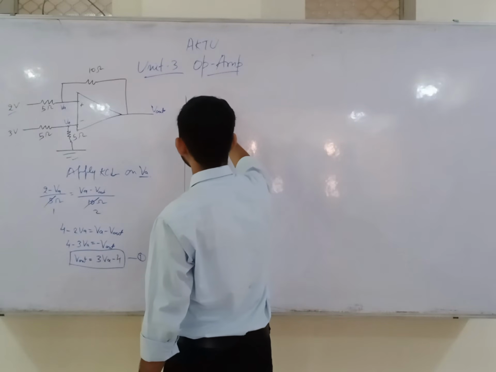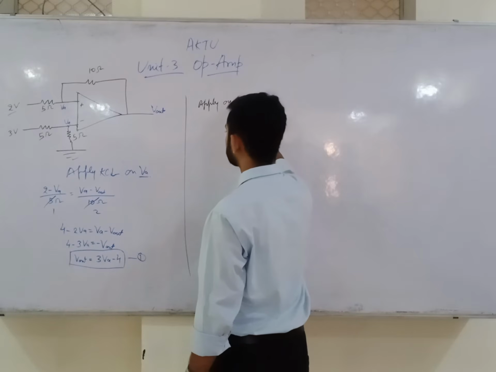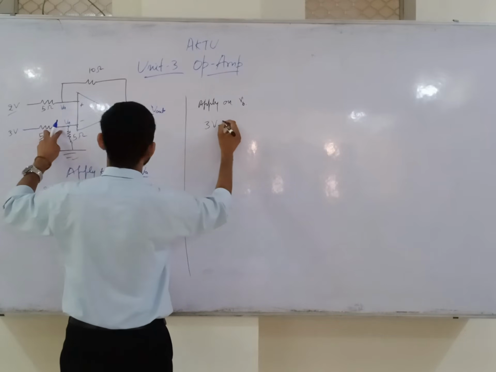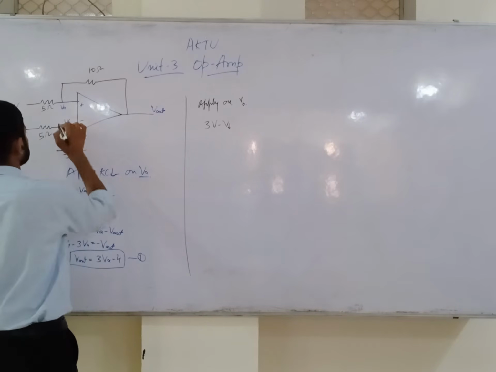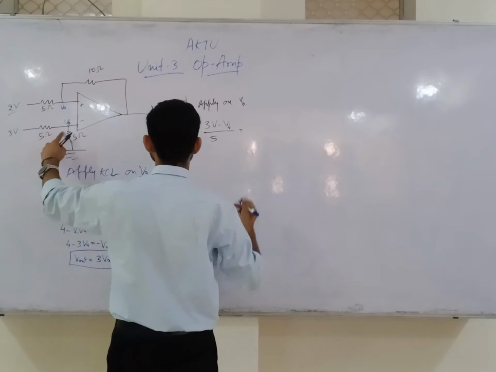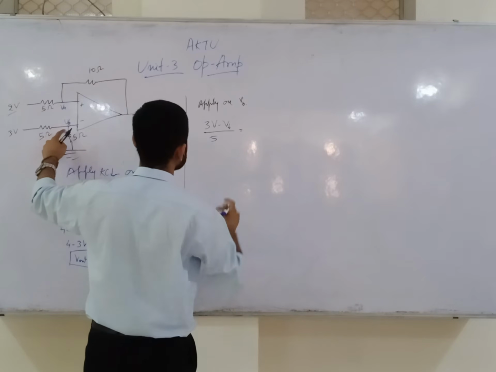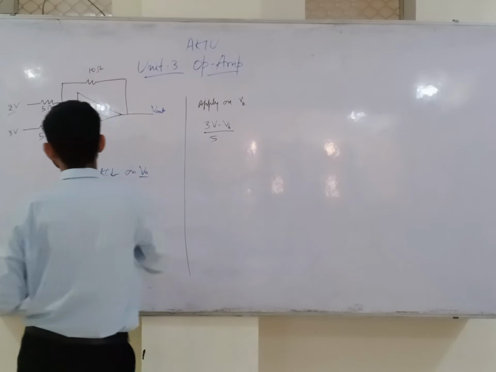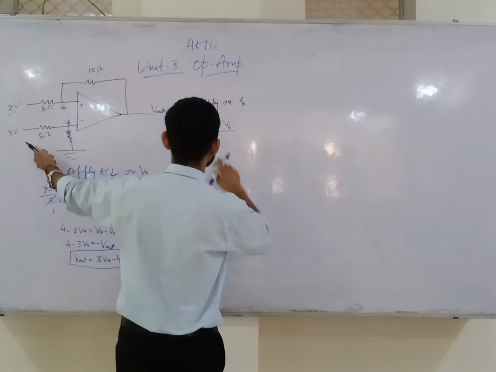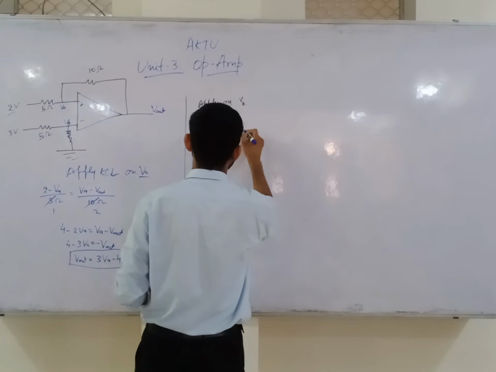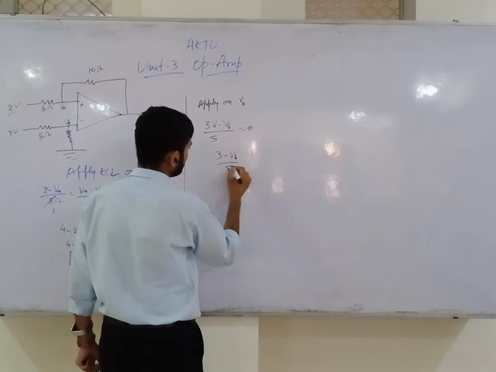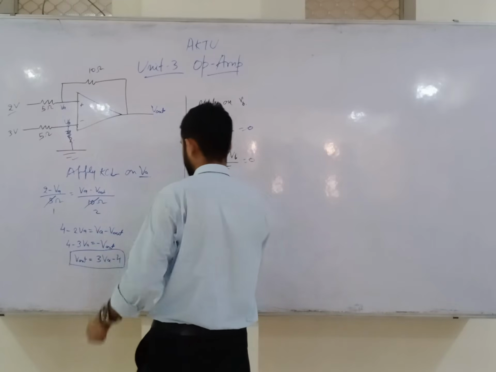Now we proceed applying KCL on VB. Similarly, 3 minus VB upon 5 is equal to 0, because this is grounding, earthing.